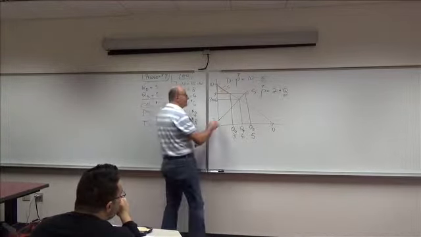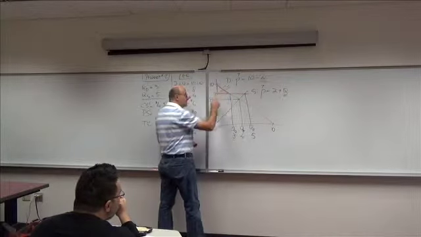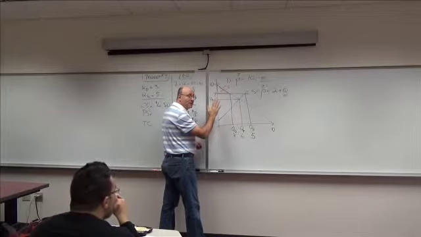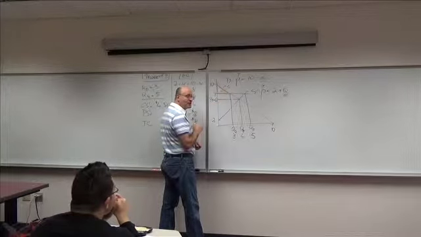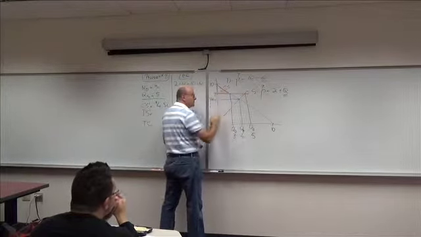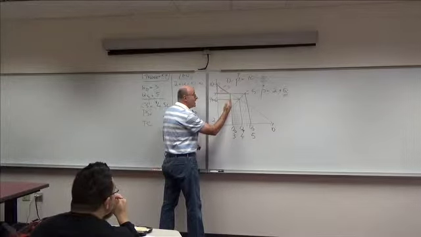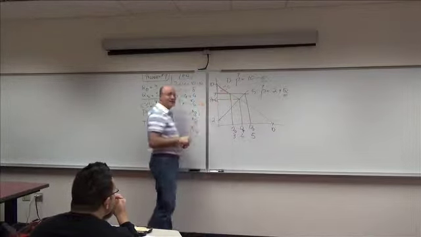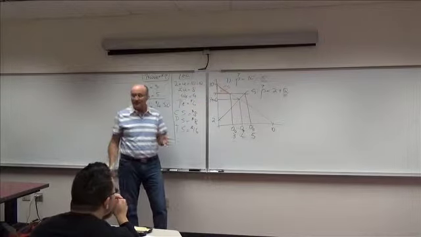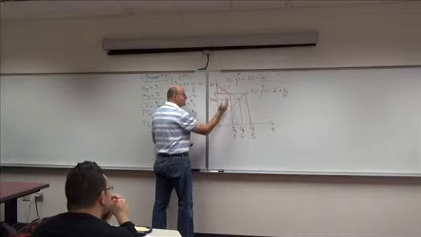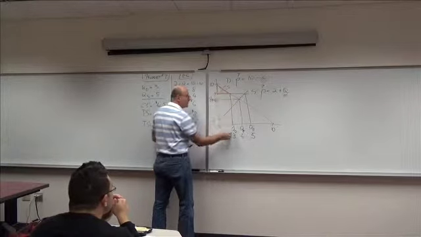So instead of the entire area of the large triangle, only a part of it will represent producer surplus. Only a part of it corresponding to the 3 units that are actually sold at price 7. That make sense? So it's not the whole triangle, it's only the part of the triangle to the left of quantity 3.